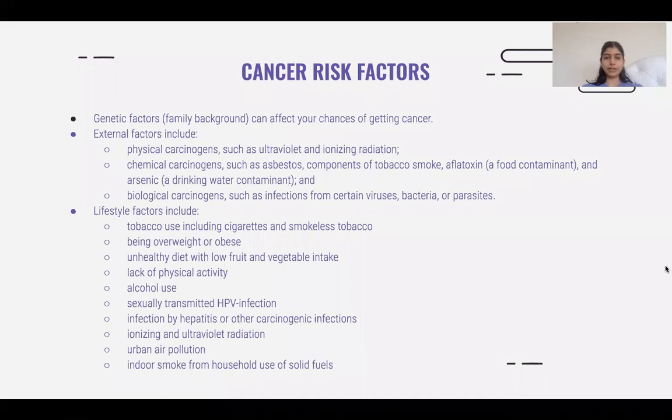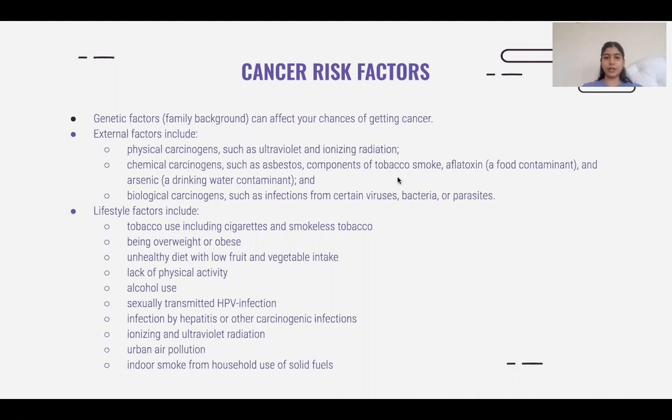Some risk factors: genetic factors, so your family background can affect your chances of getting cancer. External factors include physical carcinogens, and carcinogens are things that are prone to cause cancer. This can be ultraviolet radiation or chemical carcinogens.